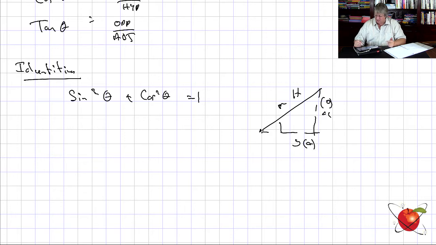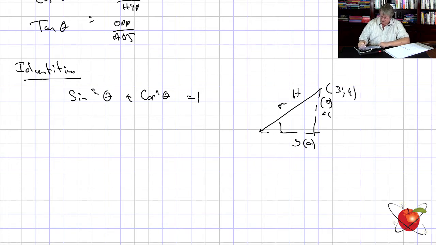You're proving something, so you can let that be what you like. Technically you could say let that be 3, 4, and 5, because you know that's a right-angled triangle, giving the coordinates 3 and 4.